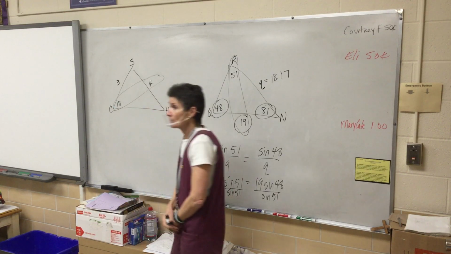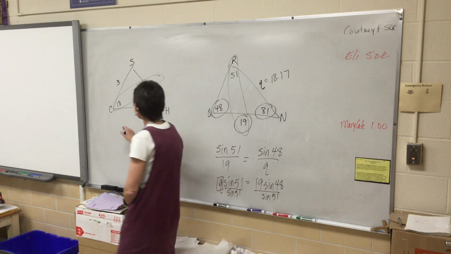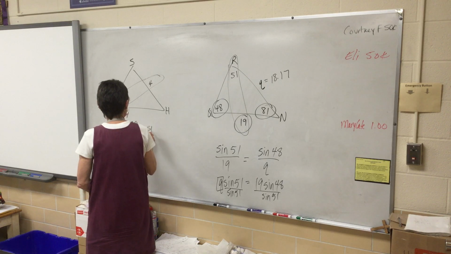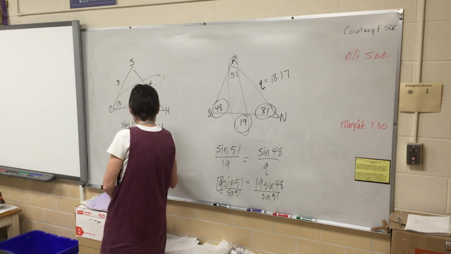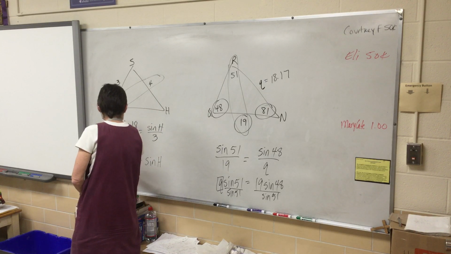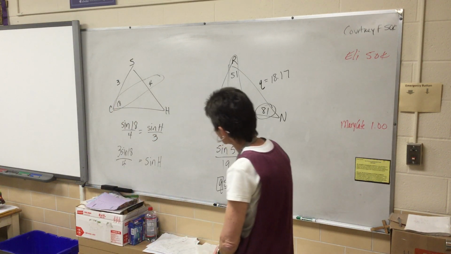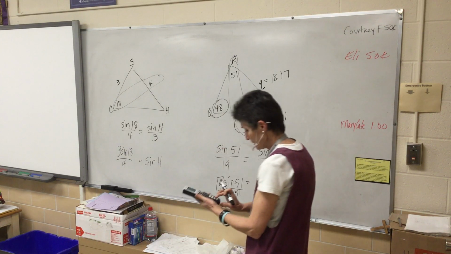To figure it out, we're going to go ahead and use the law of sines. So sine 18 over 4 equals sine h over 3. So cross multiplying. Remember, sine h is your variable. How will I type this into my calculator?